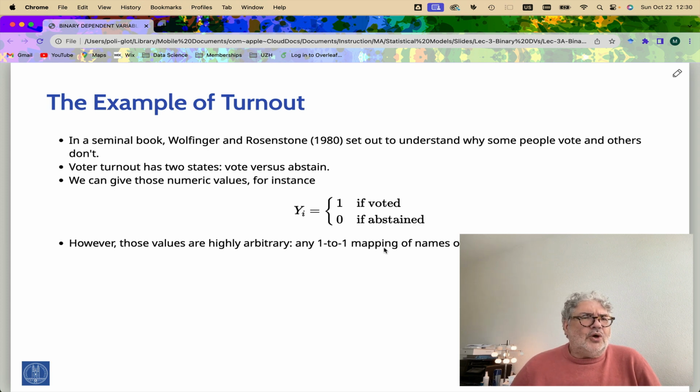So everyone who votes gets one value, everyone who abstains gets a different value, but what those values really are is completely arbitrary. So 1 and 0 is just one option. We could also have used 1,000 for voting and minus 1,000,000 for abstention. That would have been equally valid.